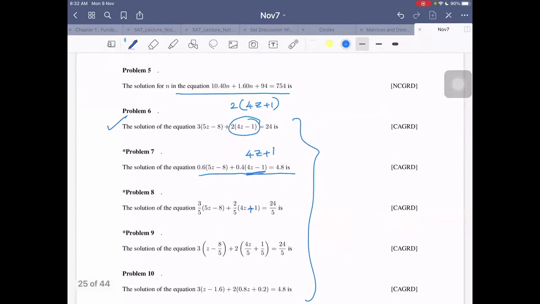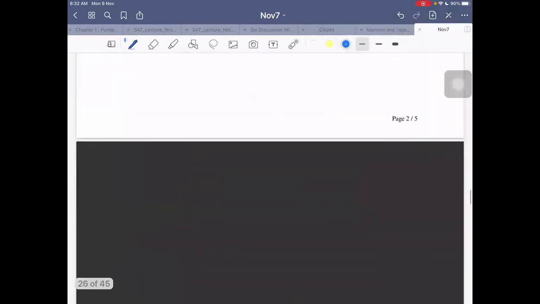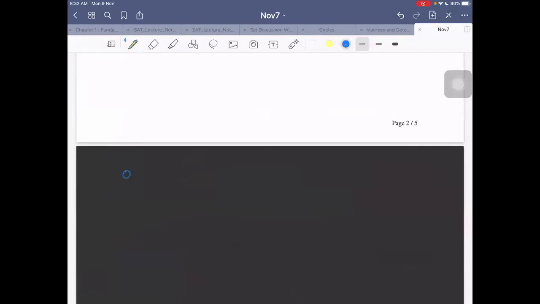But you can quickly see that. This was our question. Listen carefully, please. We have 0.6 times 5z minus 8 plus 0.4 times 4z plus 1 is equal to 4.8.